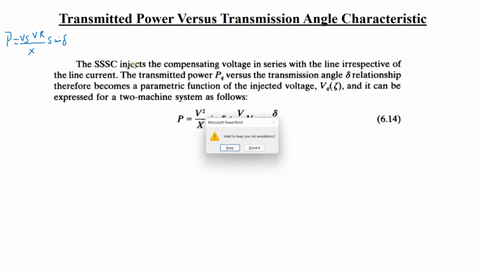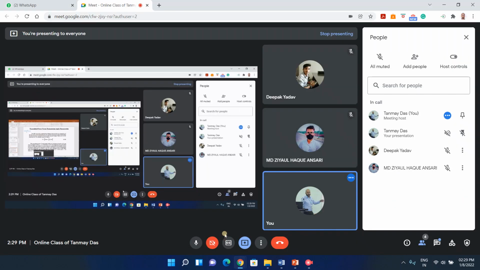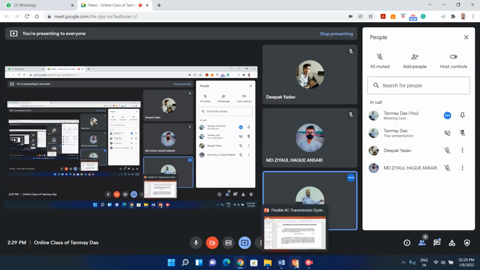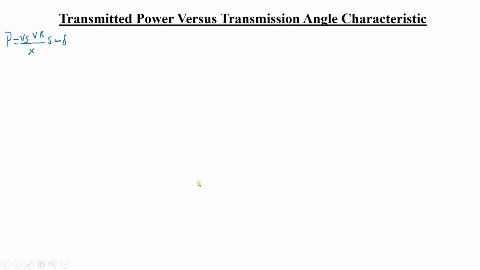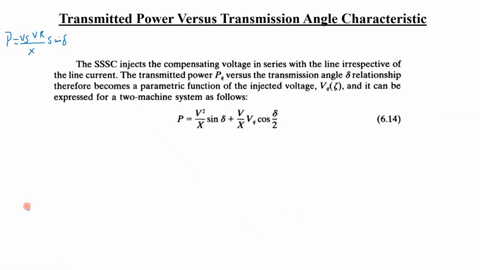So after the SSSC is injecting any voltage into the system, the sending end voltage and receiving end voltage can be considered to be equal. Plus the equation for the injected voltage should also be there, because when this SSSC is connected in series with the line, it is injecting some voltage. When it is injecting voltage, it is actually injecting some power. So the actual power equation of the transmission line is this.